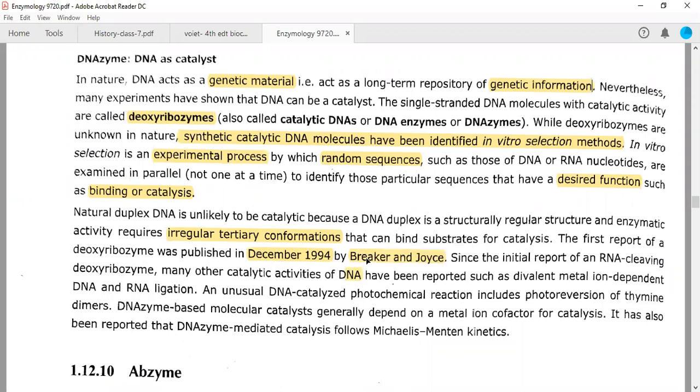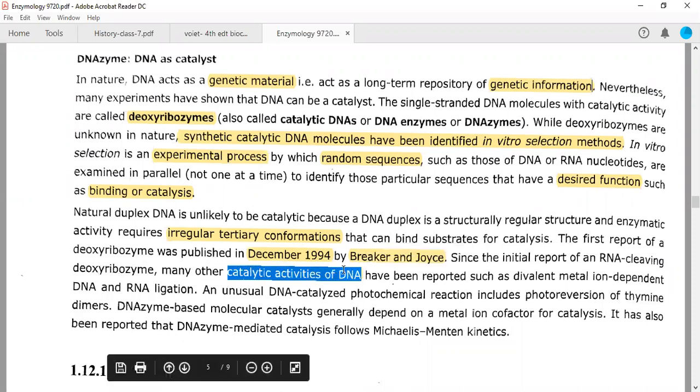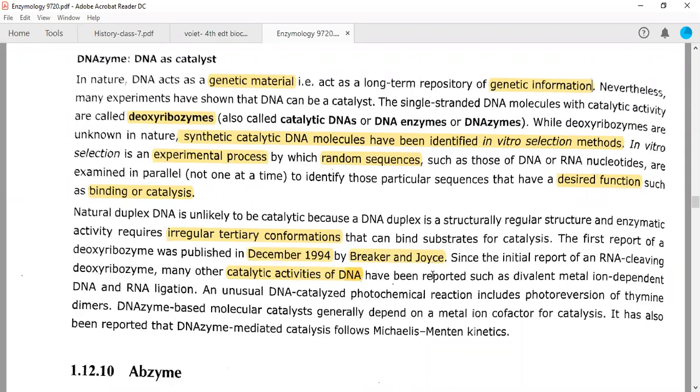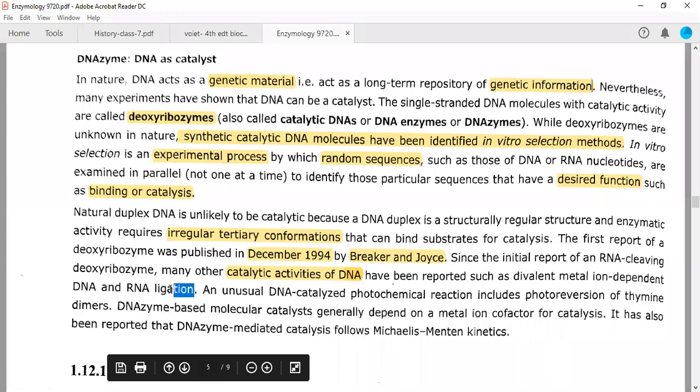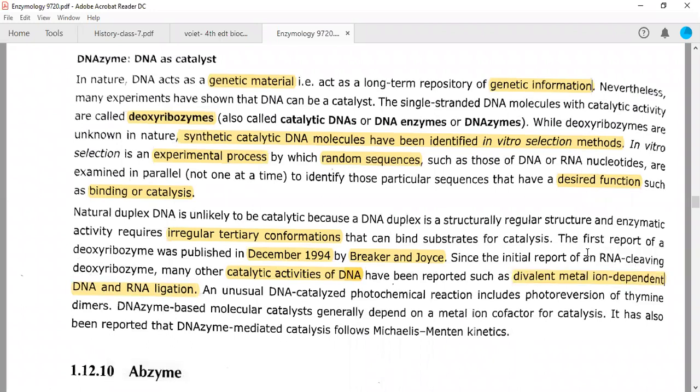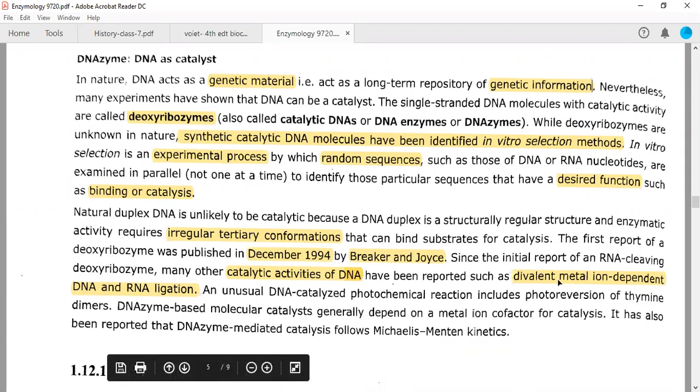First of all, we are interested in knowing the catalytic activities of DNA, but with these we are able to report some other activities also. For example, ligation: it is able to ligate DNA and RNA species, and they also need some divalent metal ions, similar to those required by RNA enzymes. So they need some divalent metal ions for catalysis.